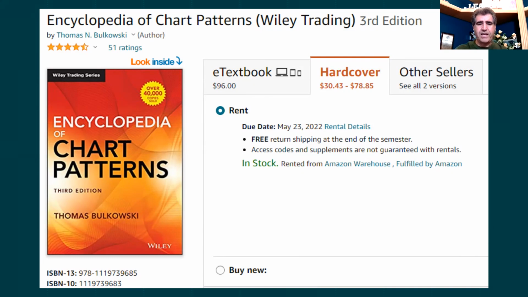As I mentioned, the one I've read is the second edition, the 2005 edition. It is fantastic if you like a lot of analysis and looking at all kinds of studies done on these chart patterns, and it's classic. He does a magnificent job. It's a big book, by the way, but if you enjoy it, it's a great book. I haven't seen this new edition yet. It has come out, as I mentioned, with more studies done.